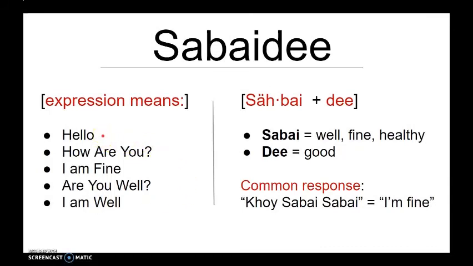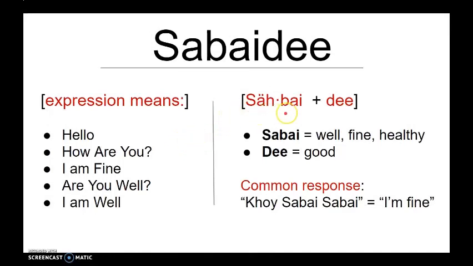Or no. Sabaidee ball might mean you're well, no? Right? How are you? You are well, no? Are you well? No? Okay? So you can say hello, how are you? I'm fine. Are you well? Or I am well, using the expression Sabaidee.